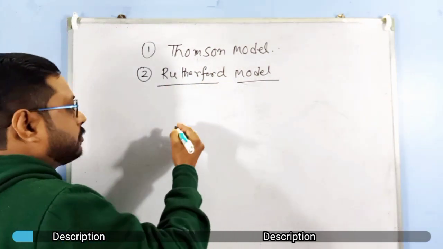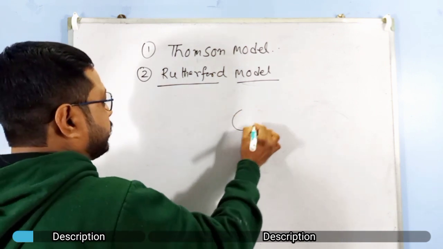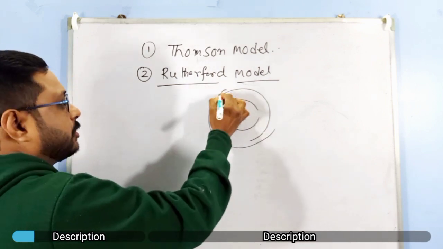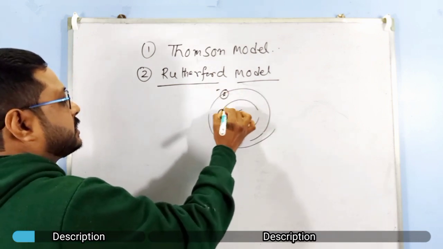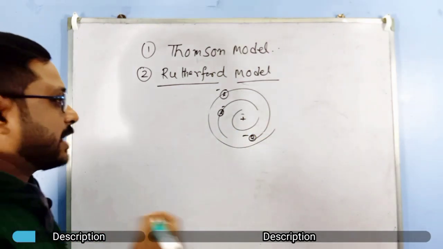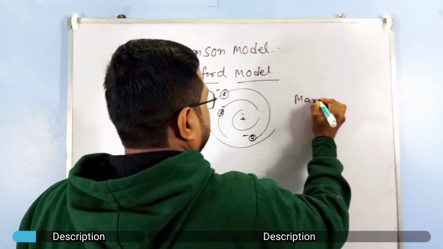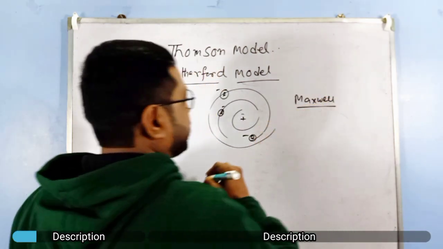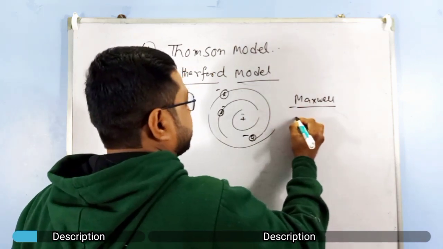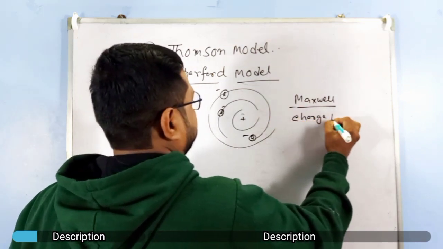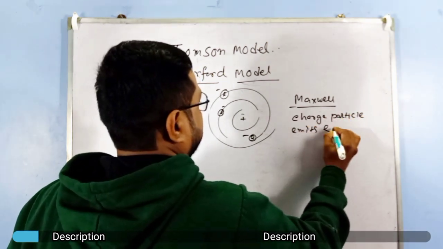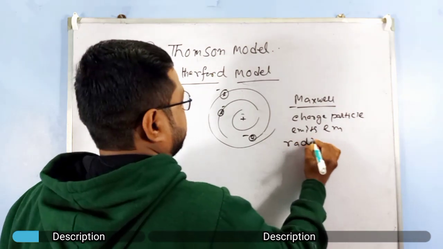What is the drawback of the Rutherford model? Rutherford says that when an electron revolves around a nucleus, it emits radiation. Maxwell says in his classical electromagnetic theory that when a charged particle accelerates, it emits electromagnetic radiation.